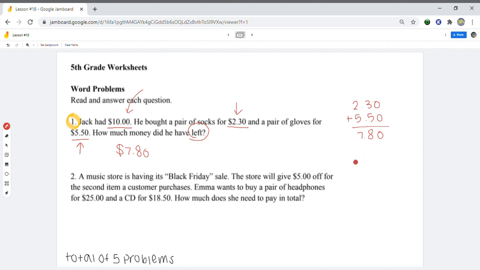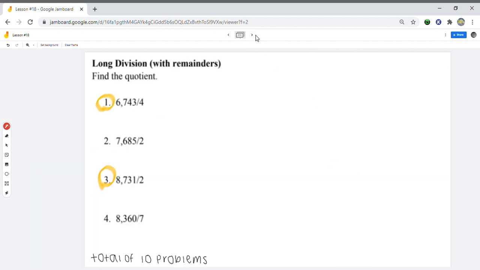Since we started with $10 and we used up $7.80, we're going to subtract these two. So we end up with $2.20. And so how much money did he have left? $2.20, because he used $7.80 when he had $10.